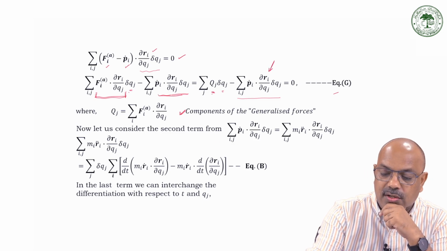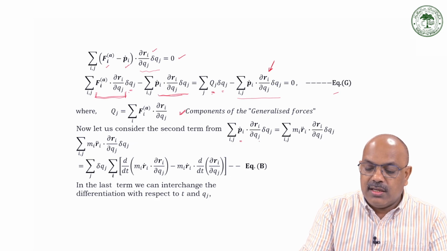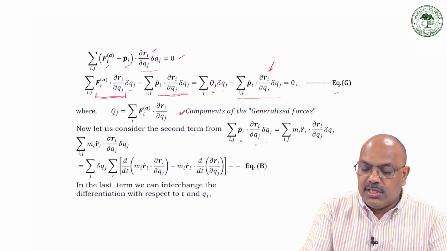Let us concentrate on this term: p dot i times delta R by delta Qj, times delta Qj.